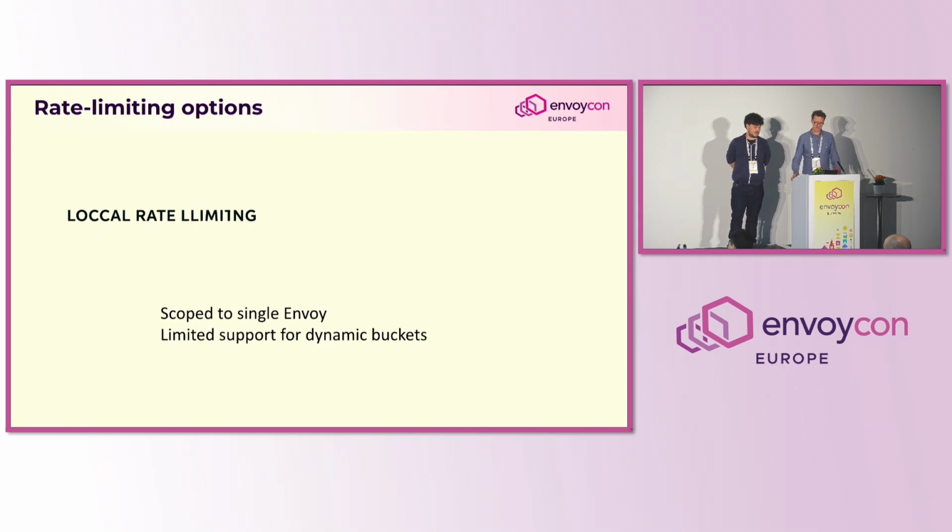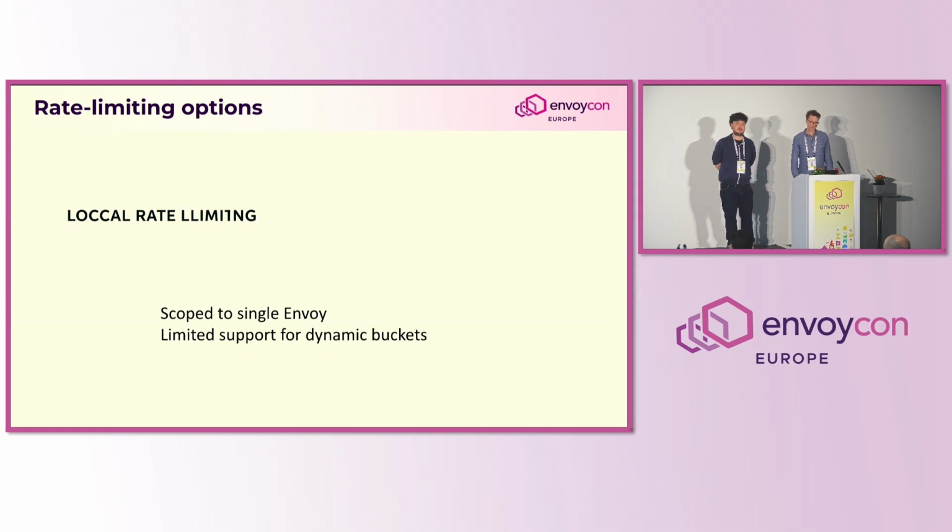So first, let's talk about Envoy's local rate limiter. As you might have assumed from the name, it's scoped to a single Envoy. It's super flexible, and it can limit based on a variety of request and Envoy metadata. But it's also useful to note that although it supports dynamic buckets, as Pete talked about, it has a hard limit on the number of values that it can support.